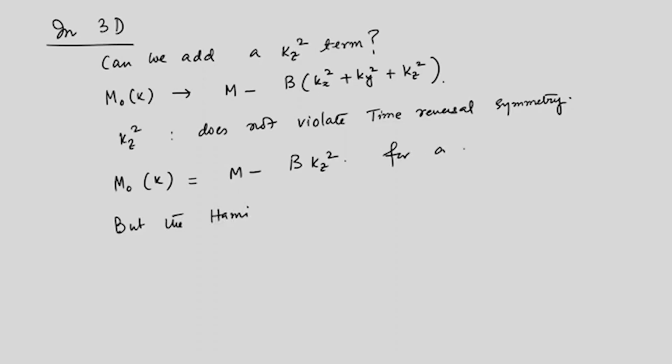I mean, this is for a given kx, ky, so that we have frozen that value and have absorbed that constant.